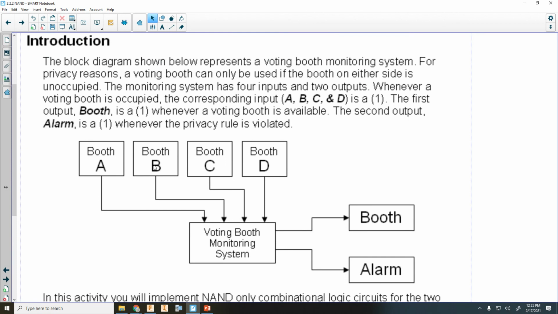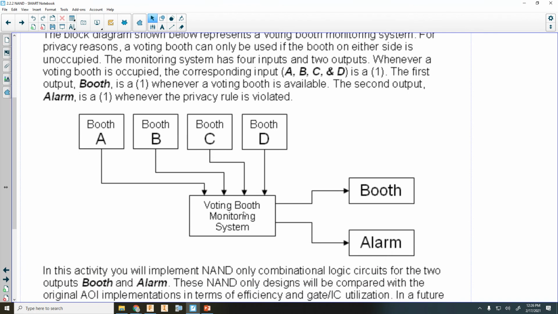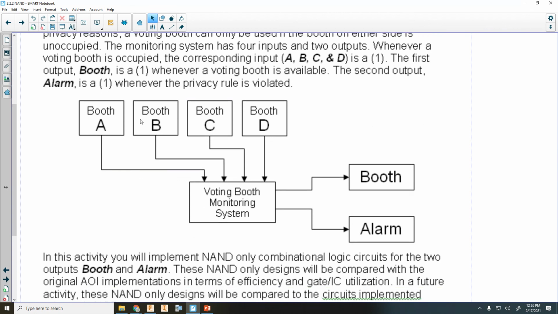Yes, there have been lots of issues with voting, huh? Not really. But we have an electronic voting booth, and in this case, we have a monitoring system. We have 4 different booths, but they either have to follow social distancing guidelines.